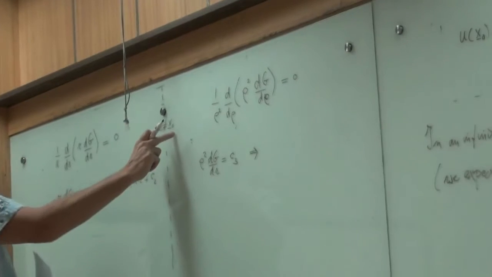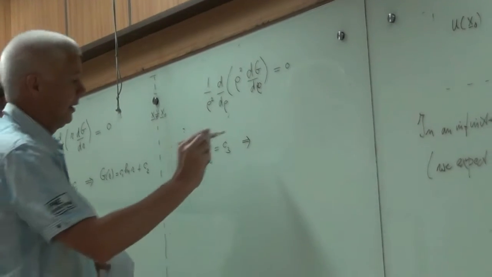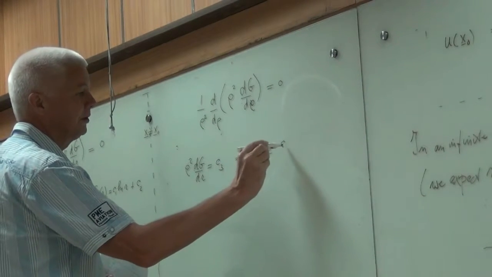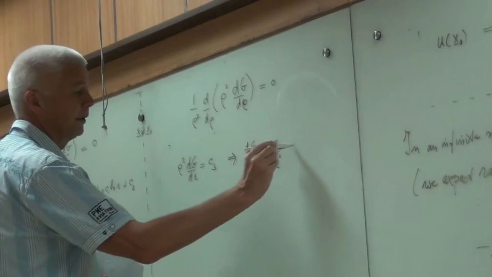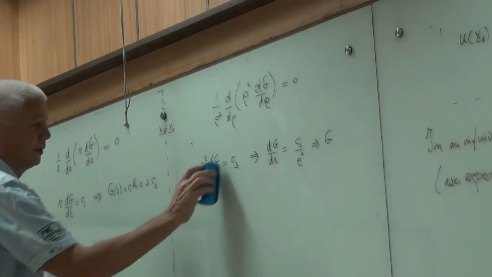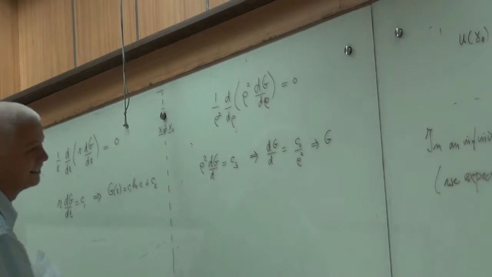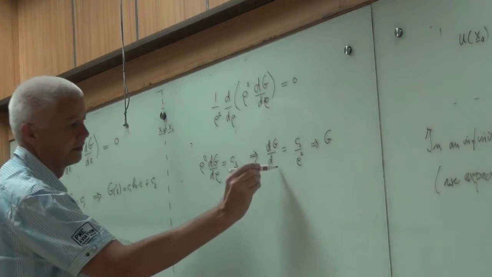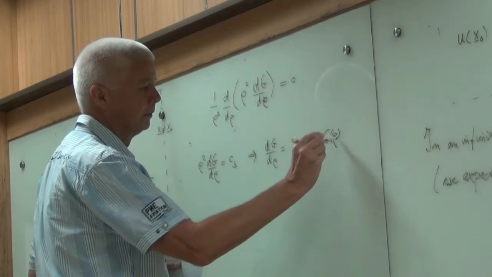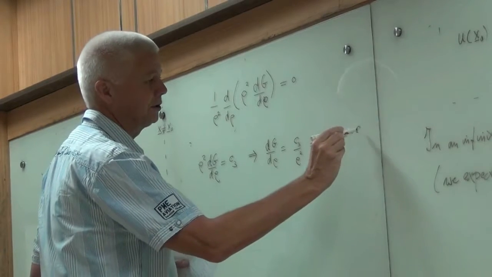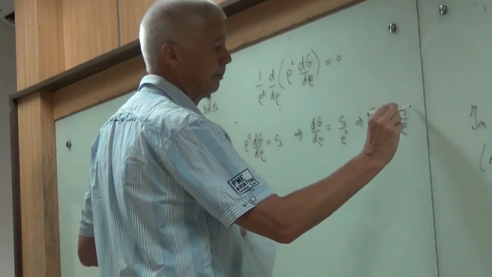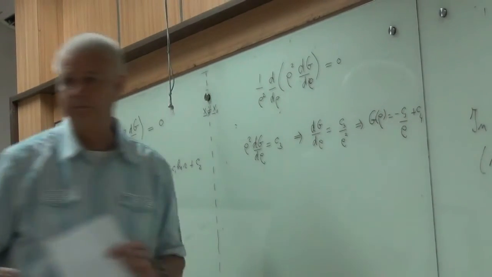I'm not in the point x is x0, so I can divide by rho squared, and then I find that dg/drho is equal to c3 over rho squared, and then I will find my g of rho is equal to minus c3 over rho plus c4.